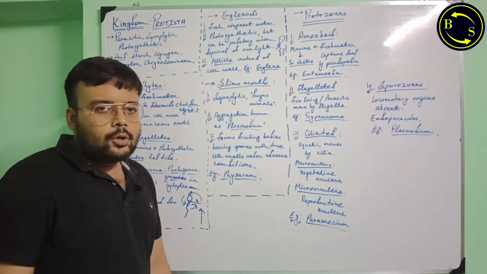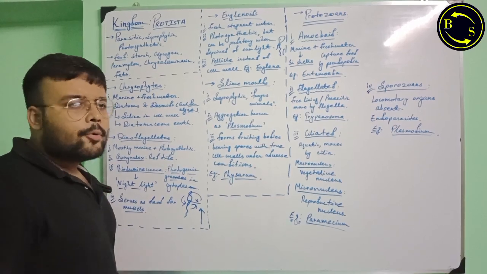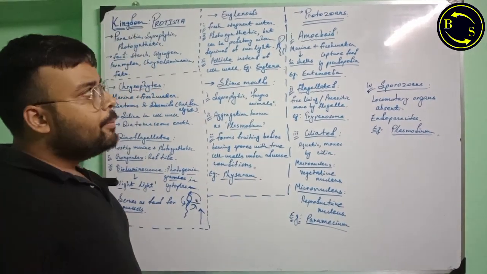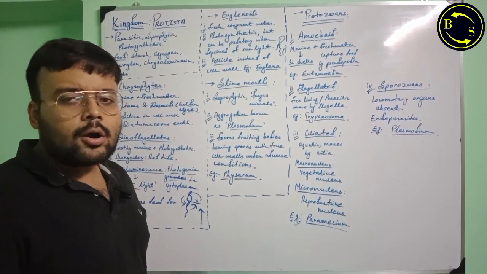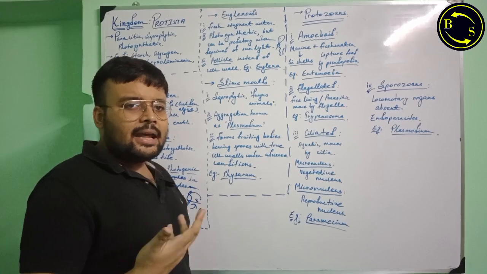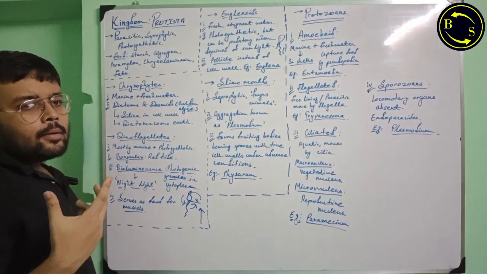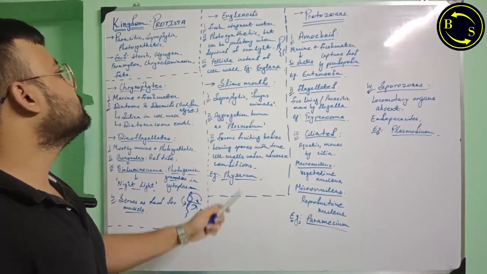Now we will come to the most important members or the most important class under Kingdom Protista, that is the protozoans. Proto means primitive, zoans means animals. These protozoans are the first organisms that are taking a step towards the formation of animals, or they are showing a trend of evolving into animal-like organisms.